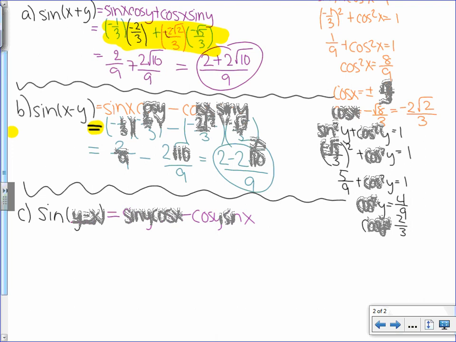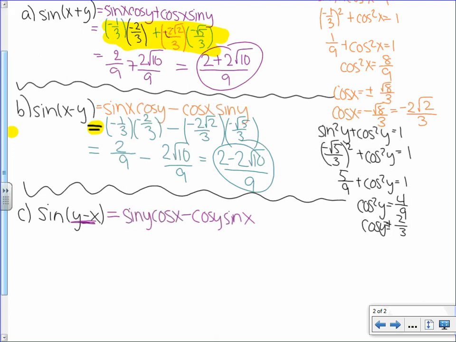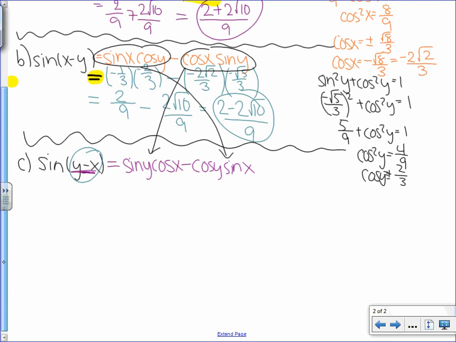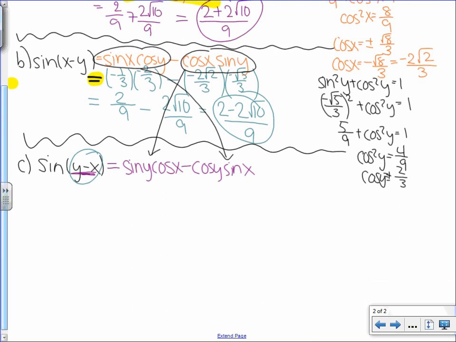Pretty much what we did is, because our x and y switched right here, my cosine x sine y, that came second in the last two examples, is first now. And the part that was first in my first two parts is now bumped to the end. But just make sure you're careful when you expand all these. Take the time and make sure that you're going in order.